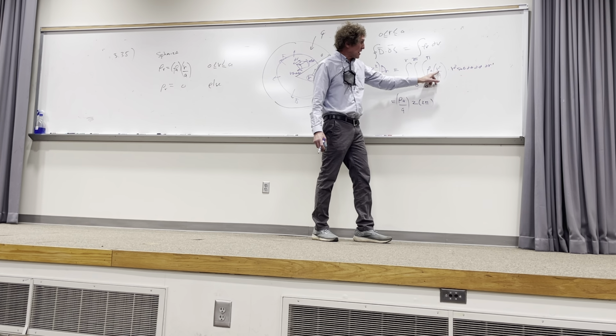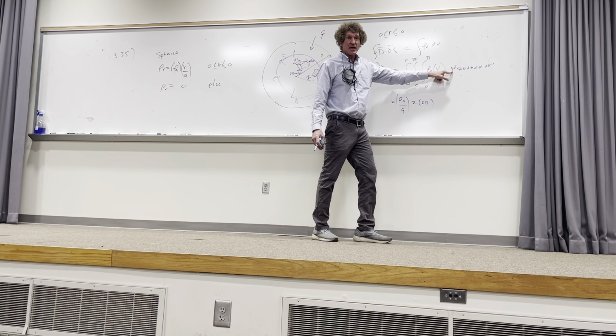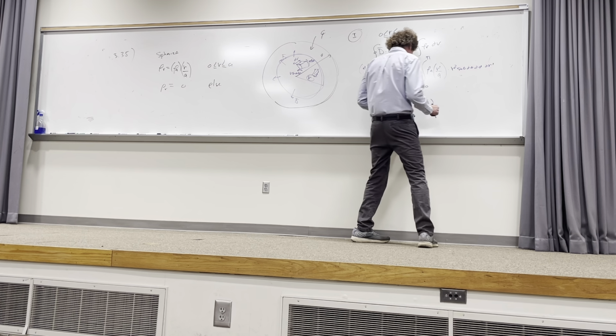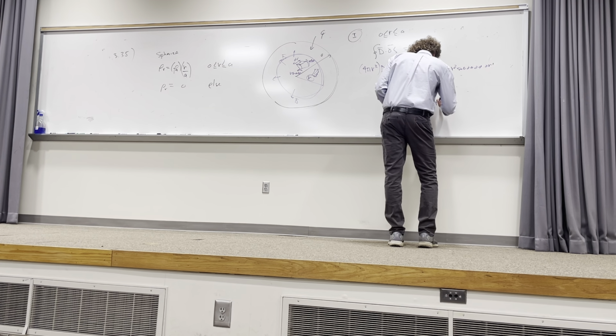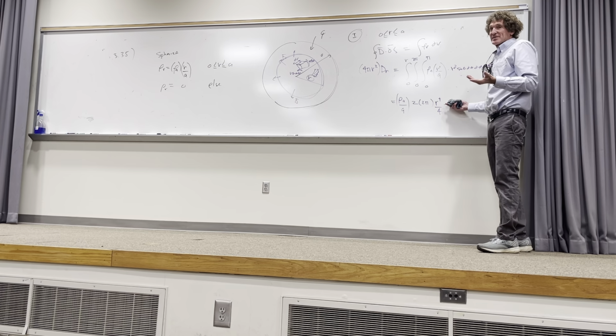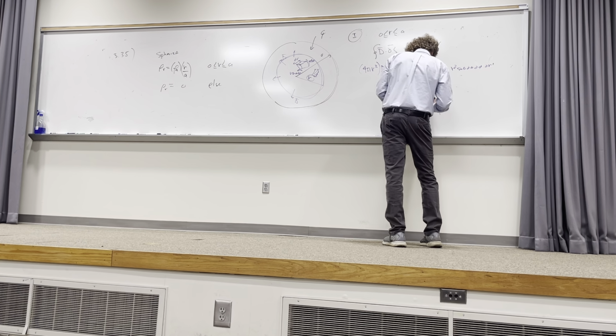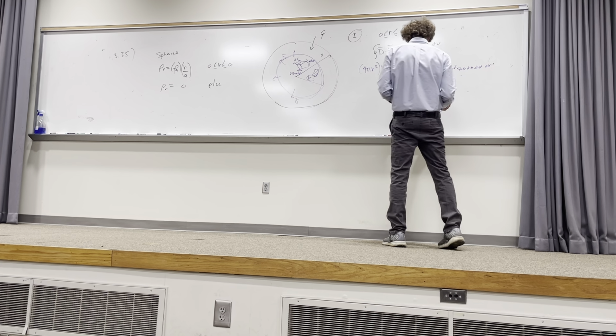Now I'm left with what? r cubed dr. What is r cubed integrated? 1 over 4 r to the 4th, isn't it, class? So now I'm left with r to the 4th over 4. And I can go from 0 to r, but if it's 0, I don't need to put it in there. So I have r to the 4th over r here, and you can clean that up.